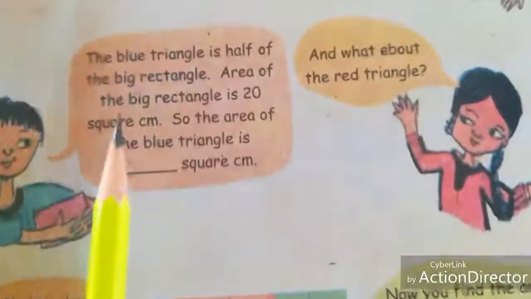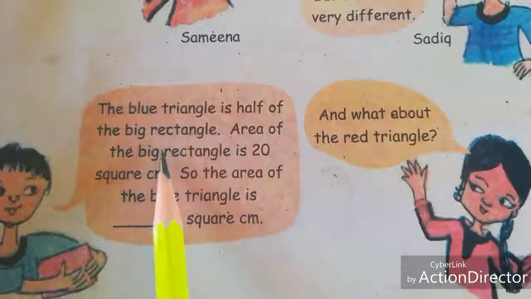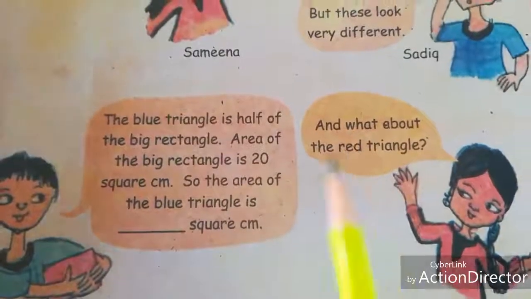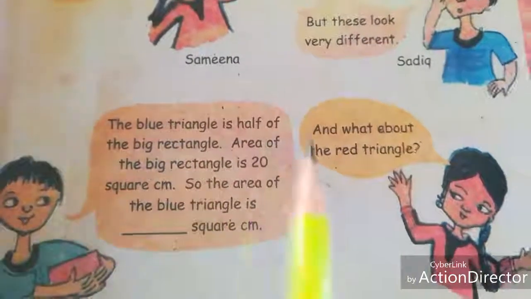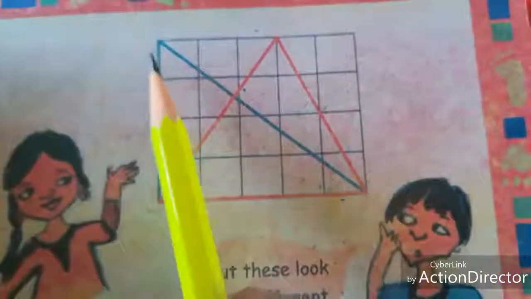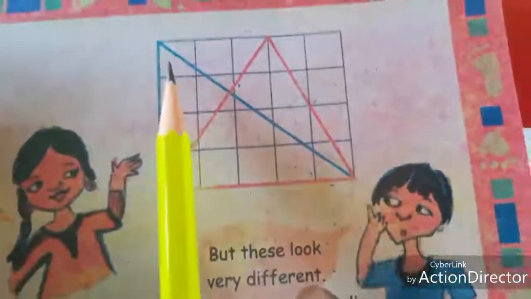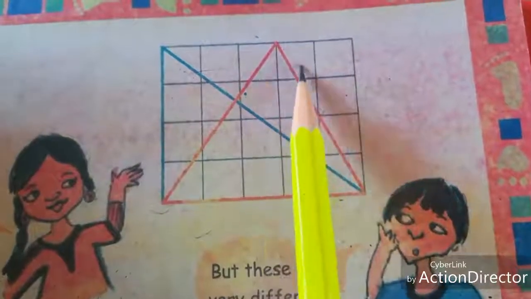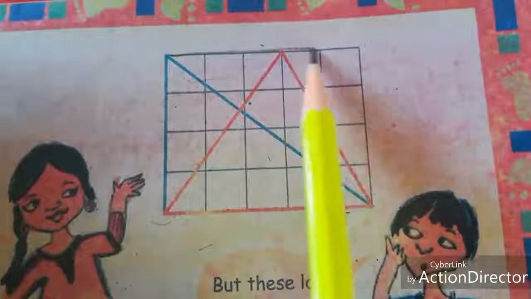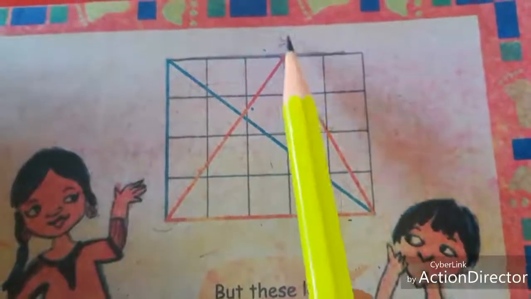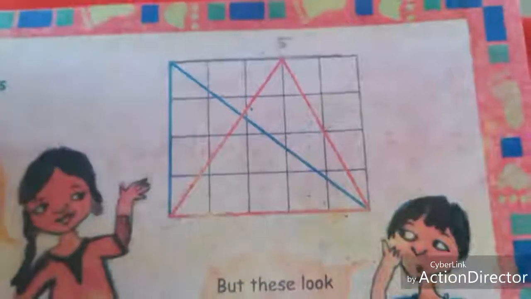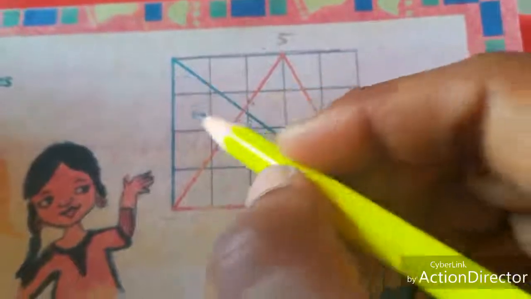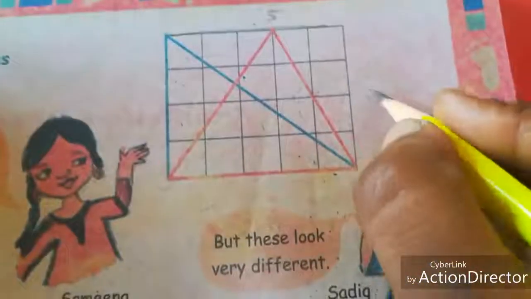Then Sadiq said, the blue triangle is half of the big rectangle. Look at here. This is the rectangle. What is the area of the rectangle? 1, 2, 3, 4, 5. Breadth is 5 centimeter and length is 1, 2, 3, 4, 4 centimeter.